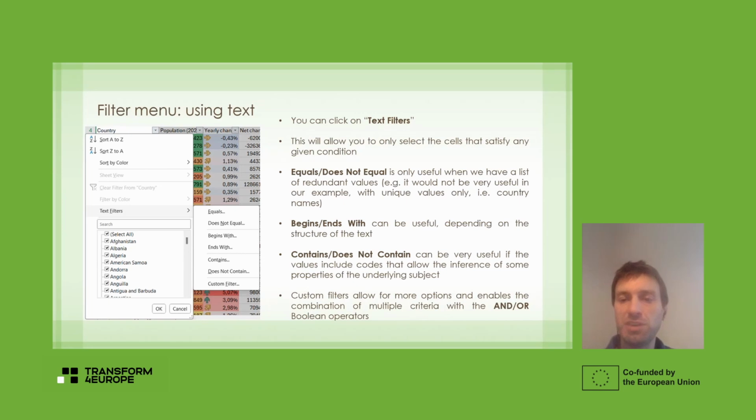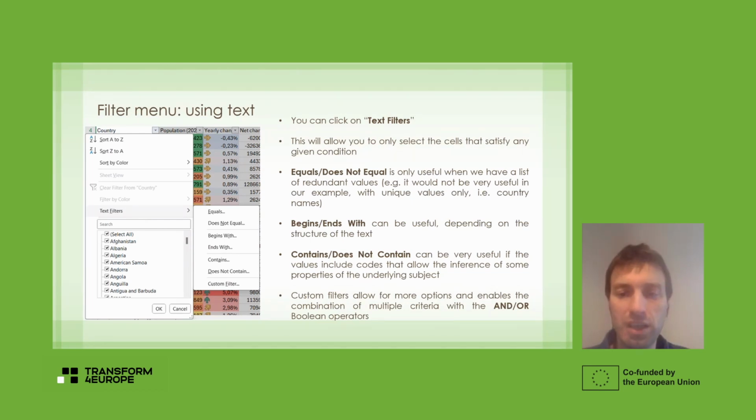So begins or ends with can be useful, for example, in my case, to only select the countries that start with the letter N, letter R, for example, okay? It depends on the structure of the text. Sometimes you have a code and you know that the last letter is important. Sometimes you might have the first letter that is more important. So begins and ends with can be useful, pretty much like contains, doesn't contain.